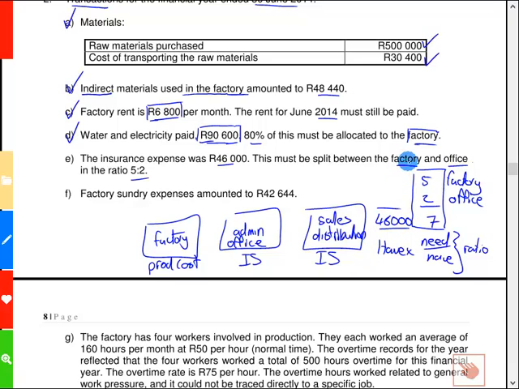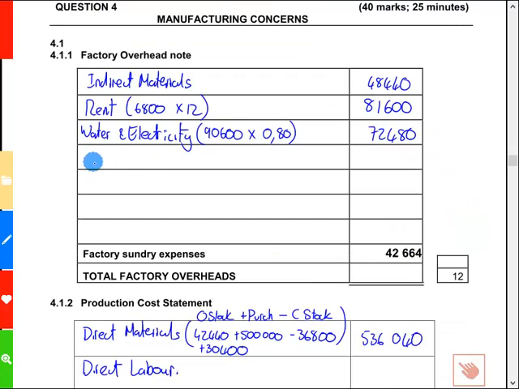So we're looking for the portion that relates to the factory. Okay, so how much relates to the factory? 5 of the 7. Right, so that's insurance. That's going to be forming part of our overhead expense. How much? We've got 46,000 is the total. How much of the 46,000 relates to the factory?